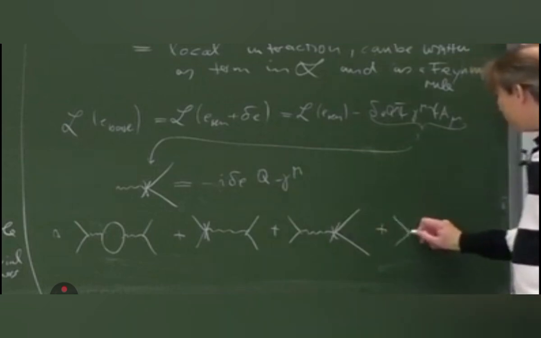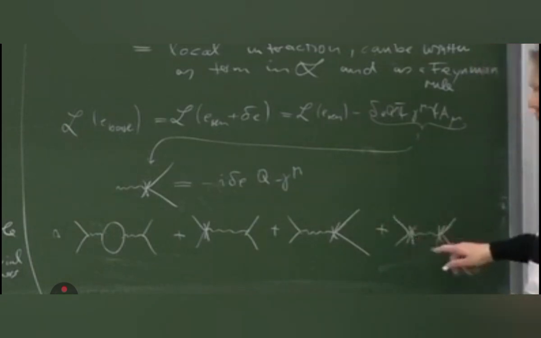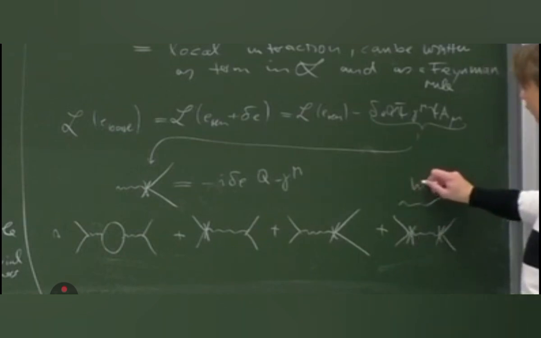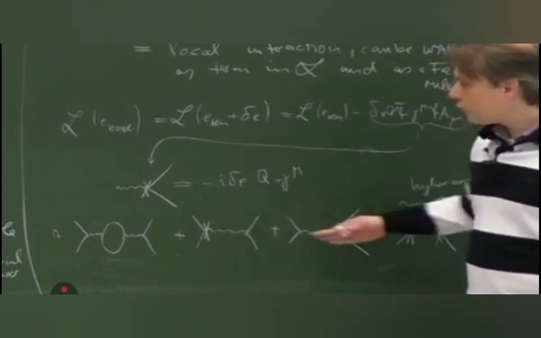I also would get this Feynman diagram with counter terms at both vertices, but they are of higher order and can be neglected. So we need to consider these three Feynman diagrams.